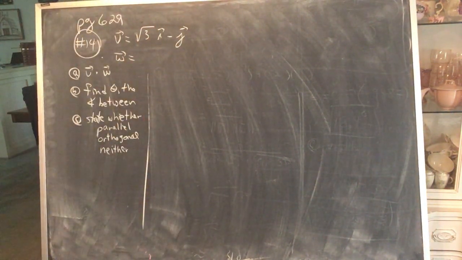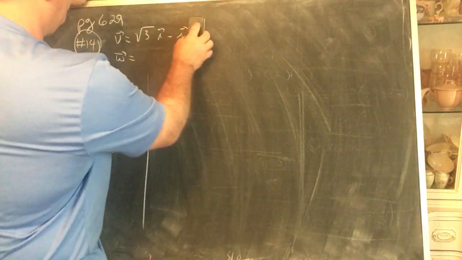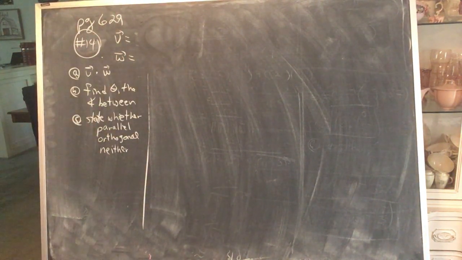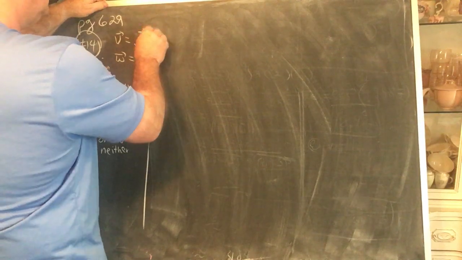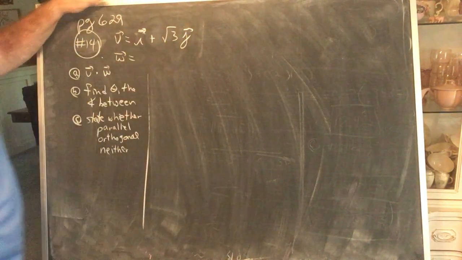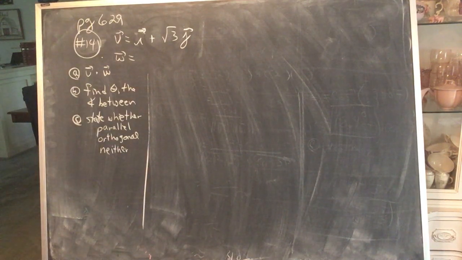I'm sorry, I wrote down number 13. Number 14: vector v is i plus the square root of 3 j. This is now the correct problem. And then vector w is i minus j.